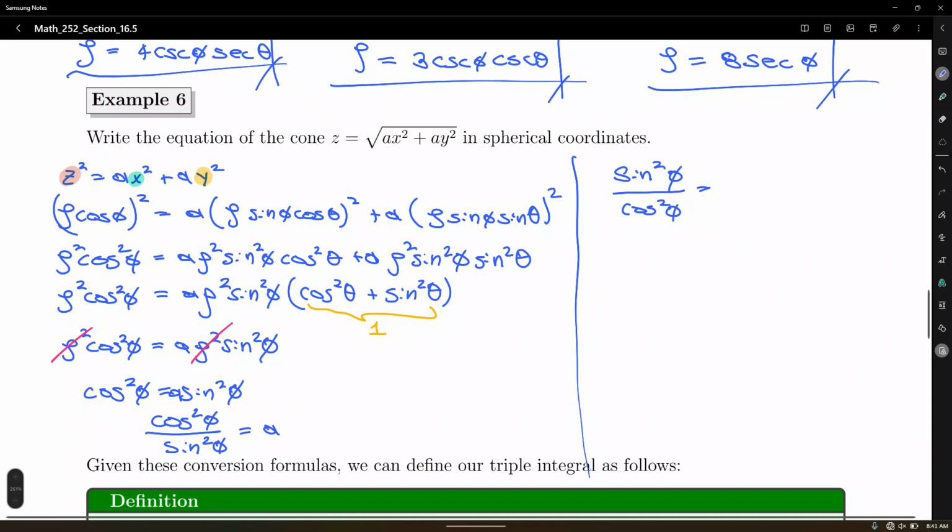But if I find the reciprocal on the left, I need to find the reciprocal on the right, that is 1 over a. Sine over cosine is tangent, so tangent squared phi equals 1 over a. If I take the square root on both sides, that gives me tangent phi equals the square root of 1 over a.